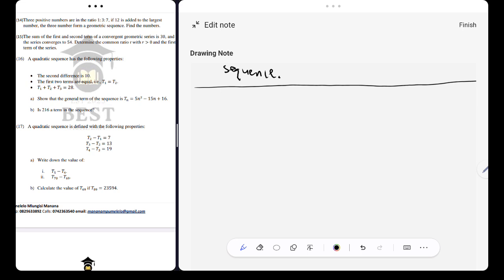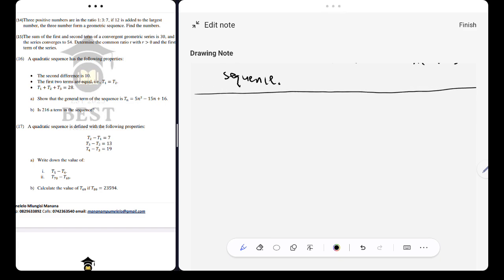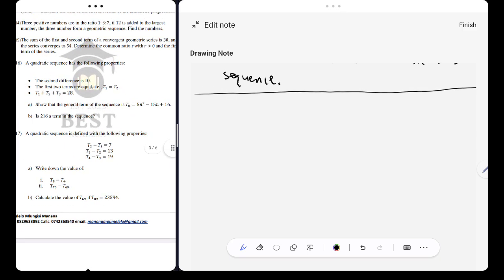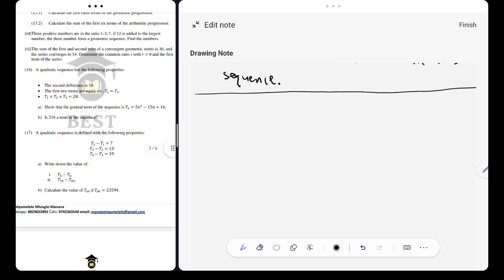The first two terms are equal, T1 is equal to T2, and then the third point, we are told that T1 plus T2 plus T3 is equal to 28.